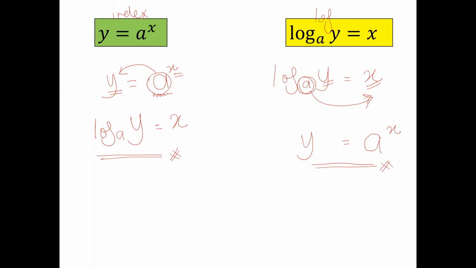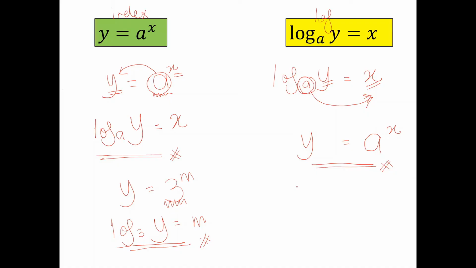If I have y equal to 3 to the power of m, I want to change it into log form. Now our base is 3. It will go to the other side and become the base for the log. y and m remain on their side. So we will have log y base 3 equal to m.